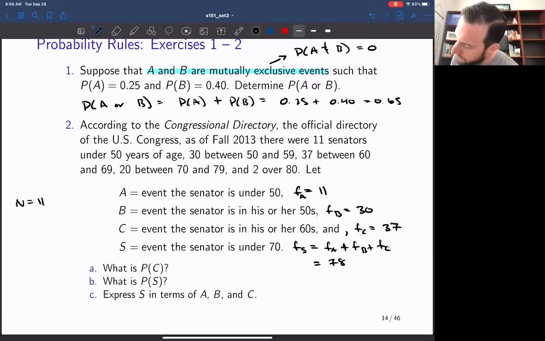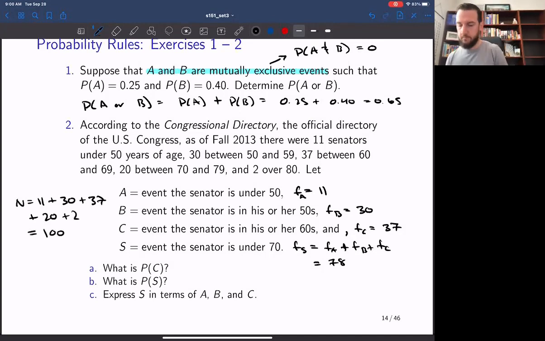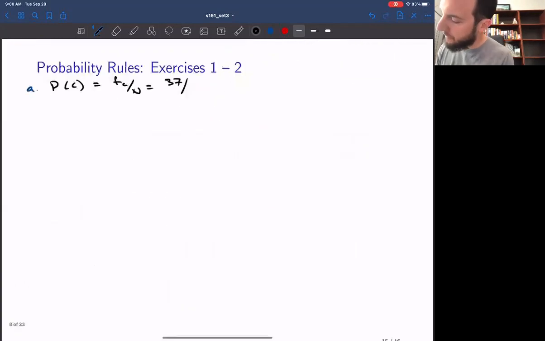So we have 11 under 50, 30 between 50 and 59, 37 between 60 and 69, 20 between 70 and 79, and 2 over 80. So that should give us 100. Therefore P of C is going to be 37 over 100, which is just 0.37.